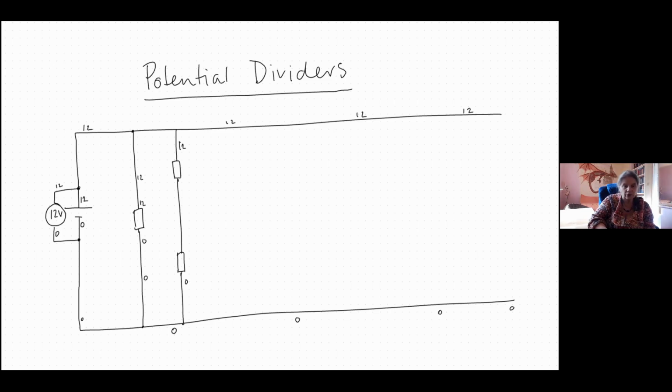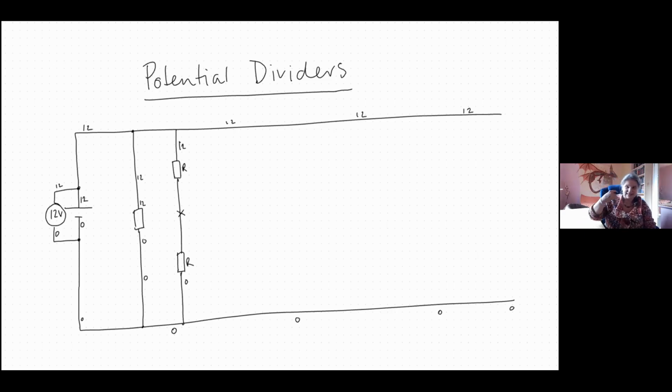What I want to know is what is my potential at X. Now these two resistors are exactly the same. So if I've got two resistors exactly the same, then my potential is going to be divided equally. And I've got 12 volts, so I should have 6 volts across one and 6 volts across the other.